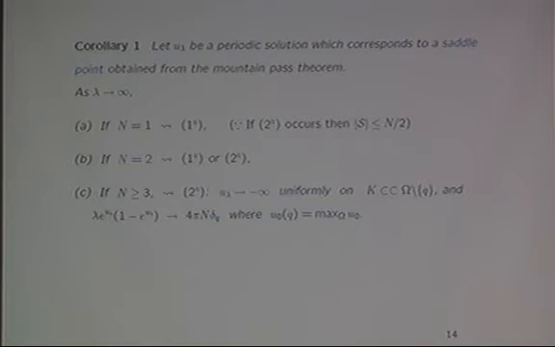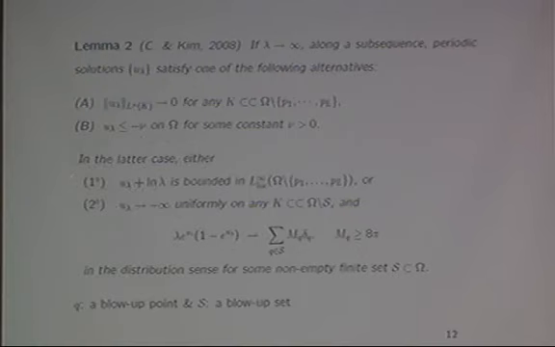So we focus on the saddle point obtained from the mountain pass theorem. As lambda tends to 0, what happens to the saddle point? If n equals 1, then the solution is bounded in some sense. I mean, the first case occurs if n equals 1.